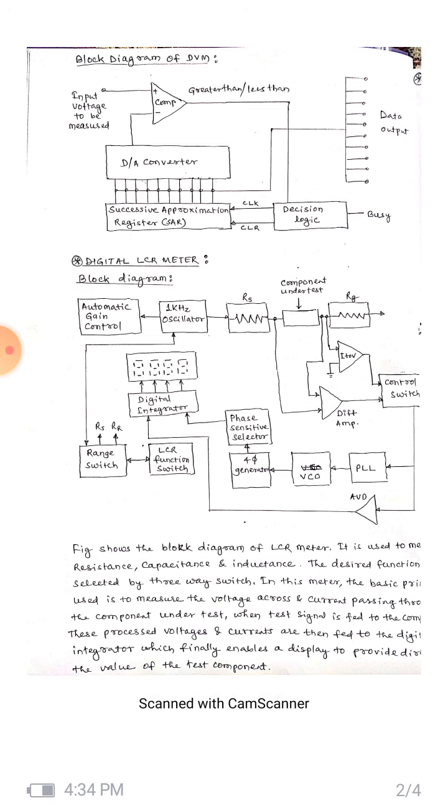As we all know, the LCR meter is used to measure resistance, capacitance and inductance, hence the name LCR meter. You can see the different blocks: the automatic gain control, 1 kilohertz oscillator, the component under test, a differential amplifier control switch, the phase locked loop, then the VCO, that is the voltage controlled oscillator, and we have a 4-phase generator and phase sensitive selector, LCR function switch, range switch, digital integrator, and finally a display.